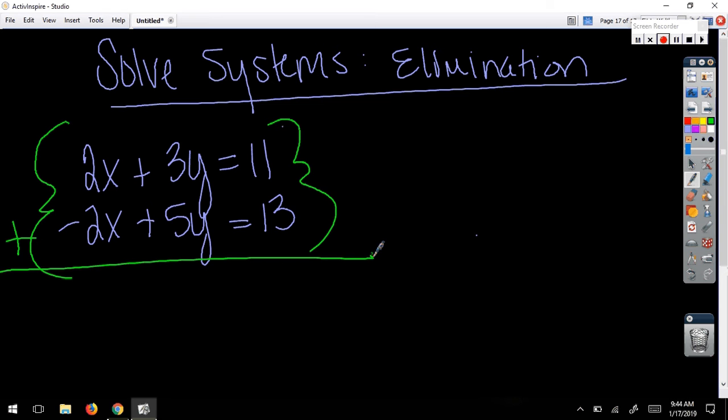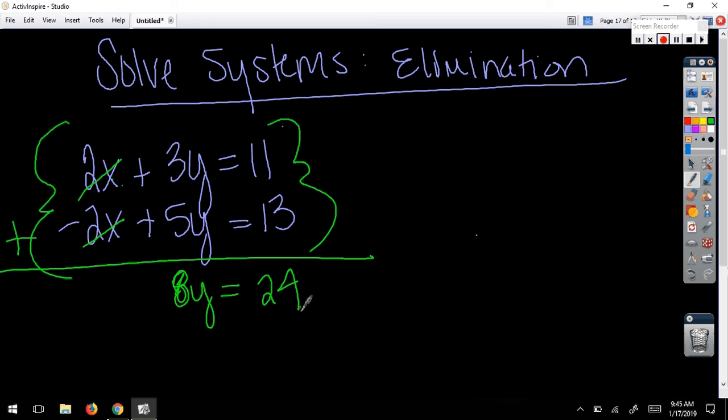If I were to add this, what is 2x plus negative 2x? 0. That cancels. What is 3y plus 5y? 8y. And then 11 plus 13 is 24.